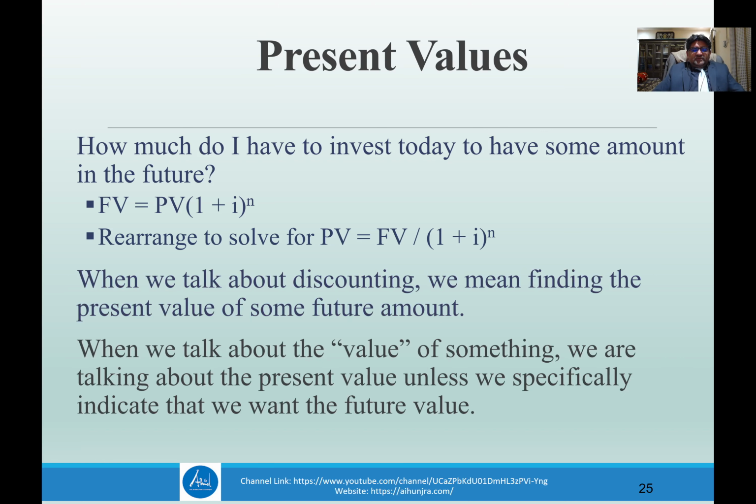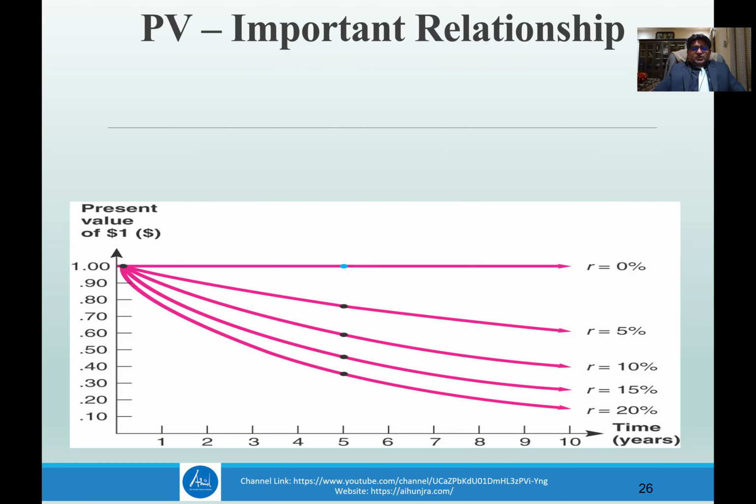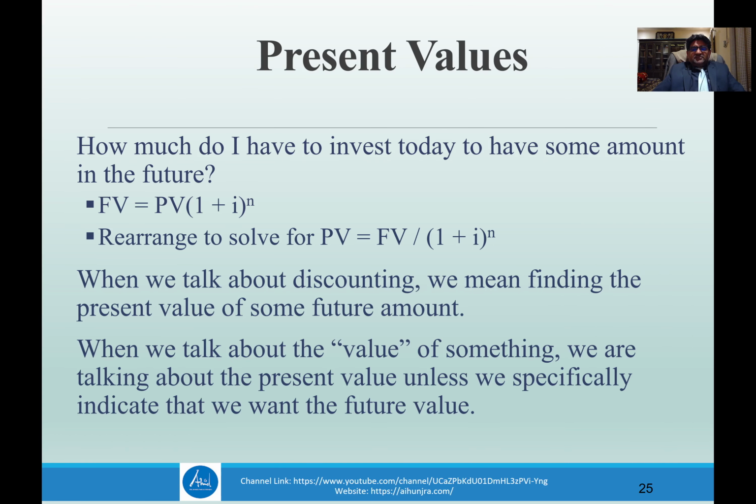When we talk about the value of something, we are talking about the present value, unless we indicate that we want it in the future. So there is an inverse relation. In discounting, if the number of time periods is more or the interest rate is high, the present value will be low.